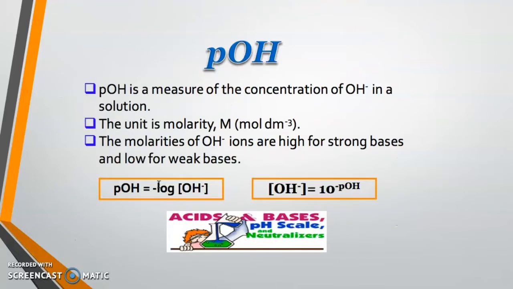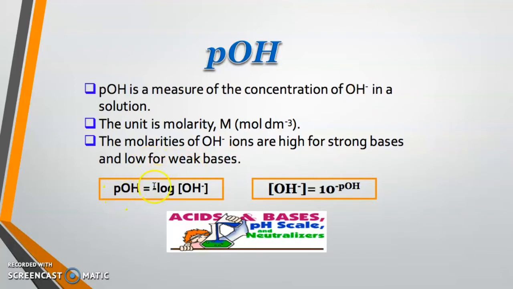pOH is a measure of the concentration of hydroxide ion in a solution. The molarities of hydroxide ions are high for strong base and low for weak base. This is the unit for hydroxide ion concentrations.